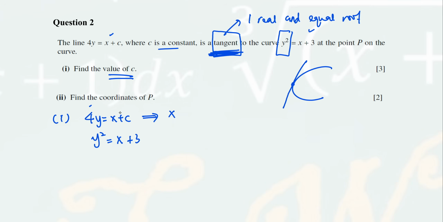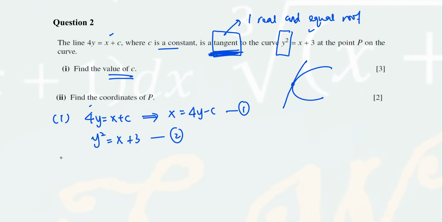If I make y the subject, I will get over 4 later on, a fraction, and I prefer non-fractions. So I let x be the subject. Move the plus c to the other side, so x equals 4y minus c.